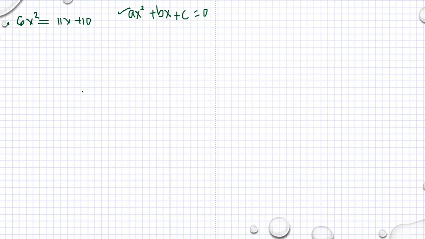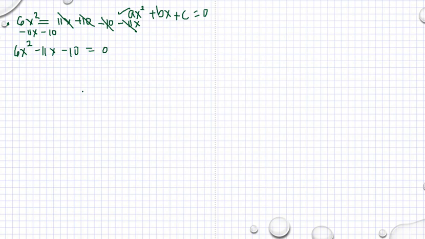If we subtract both sides of the equation by 10 and 11x, we have minus 11x minus 10, and this will be 0. So then we have 6x squared minus 11x minus 10 is equal to 0.